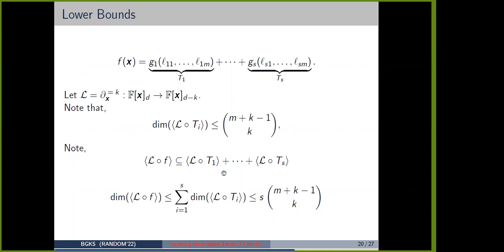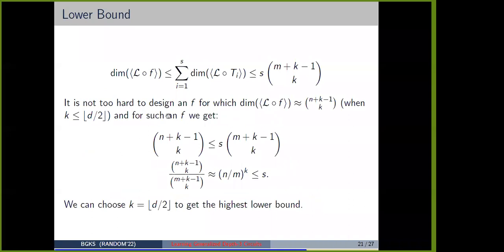And by the subadditive property, we'll get that the dimension of L composed of U, that is the dimension of the vector space that we get after applying the operator L on F, is bounded by this. And it's easy to come up with a polynomial with very high dimension.